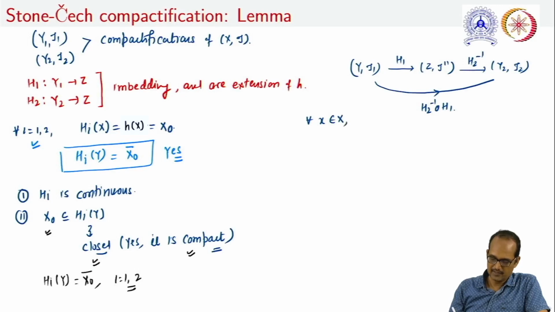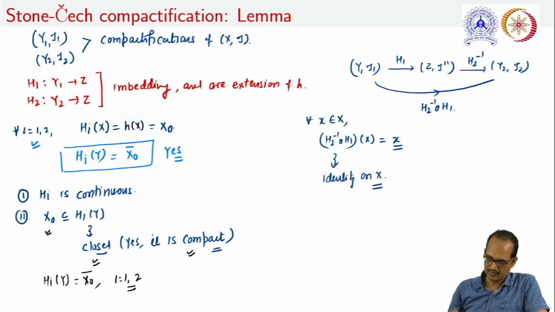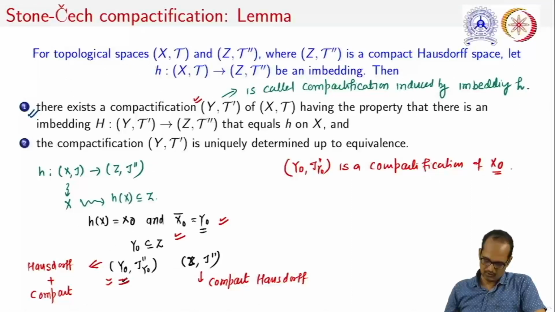If we take any x in X and find H2 inverse composed with H1 on this x, it is precisely x, that is, this is the identity on X. That is all to justify that this compactification (Y, tau dash) is uniquely determined up to equivalence.